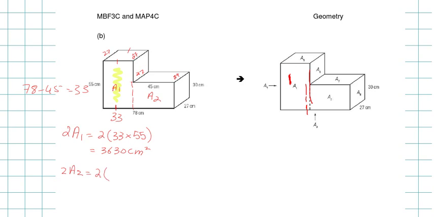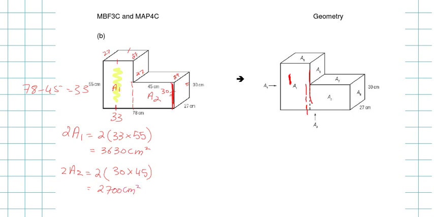What do we know this length is? 30, right? Because this right here is the same as this. So if this is 30, that means this is 30. So it's going to be 2 times 30 times 45, which is 2,700 centimeters squared.